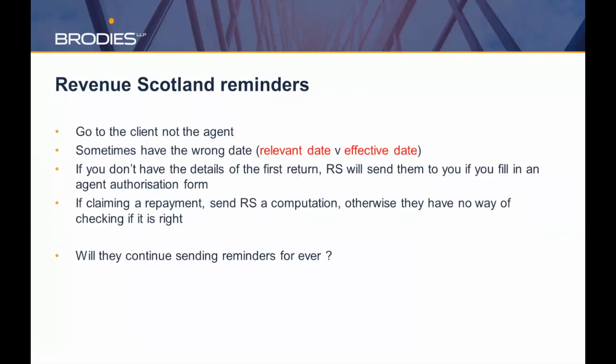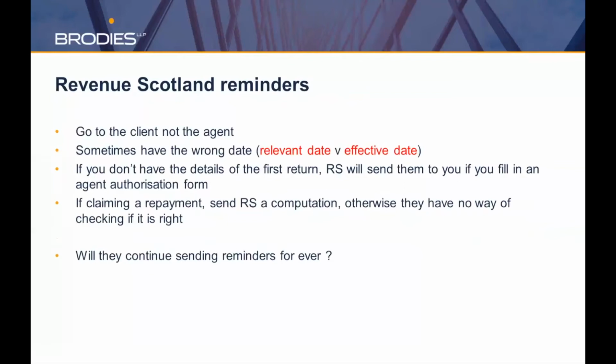Now, you'll have to forgive me for going off into a slightly technical point here, but the issue is the difference between the relevant date and the effective date for each transaction that the reminder is issued for. You'll know from the LBTT returns that we do have to put in separate relevant dates and effective dates, but there's no real clear guidance on what they are.